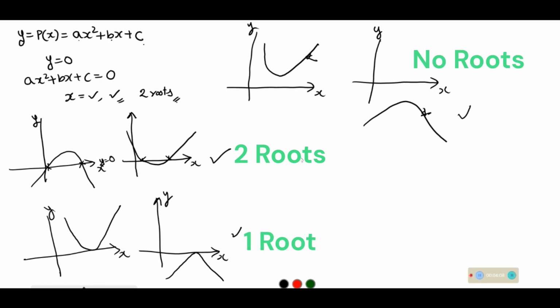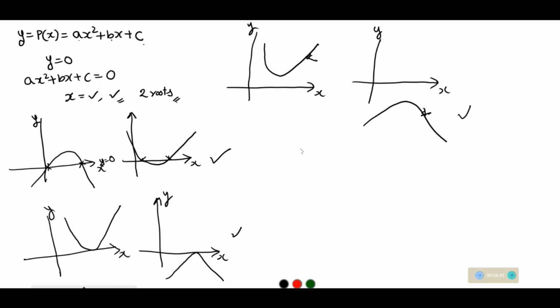Now see the similar case for the cubic equation. I'll write the general form of the cubic equation here. Cubic equation, or third order, or third degree, anything, third order polynomial equation.